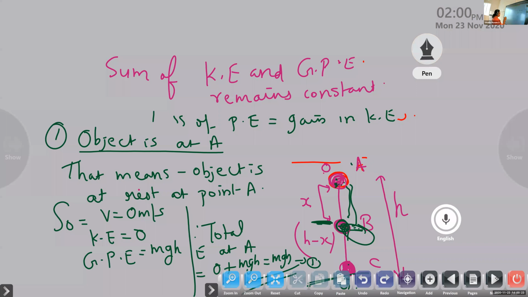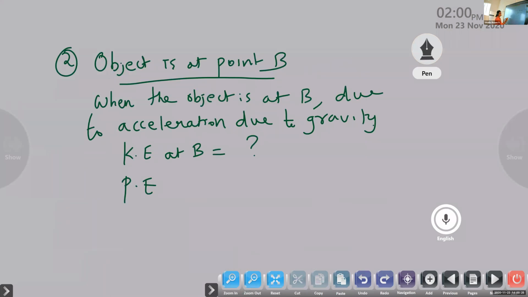First we will write out the potential energy at B: mg(h minus x). Now we have to find out the kinetic energy at B. For that we have to consider the third equation of motion.